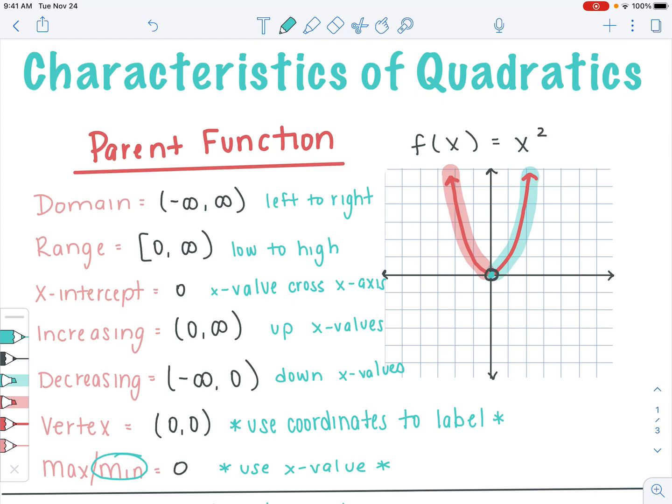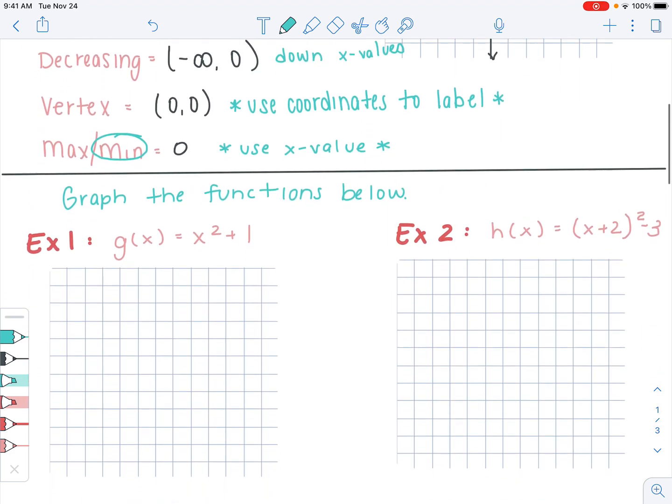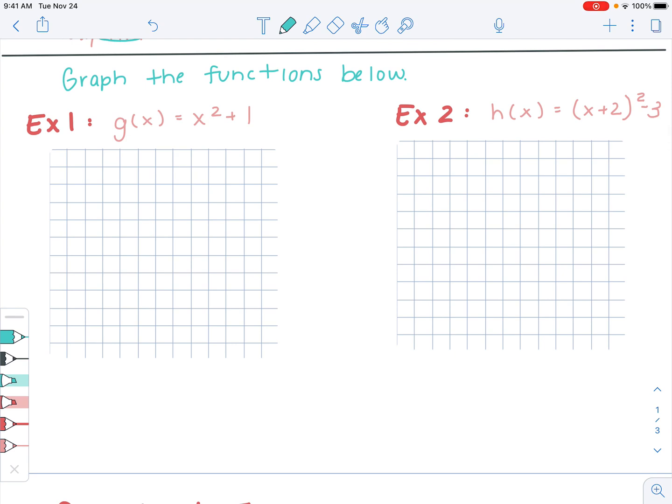So now that we've dusted off our knowledge of our parent function for quadratics, we're going to start looking at graphing quadratics without using a calculator. I can give you, for example, two functions. My first one is g of x equals x squared plus 1. My second function is h of x equals x plus 2 squared minus 3.